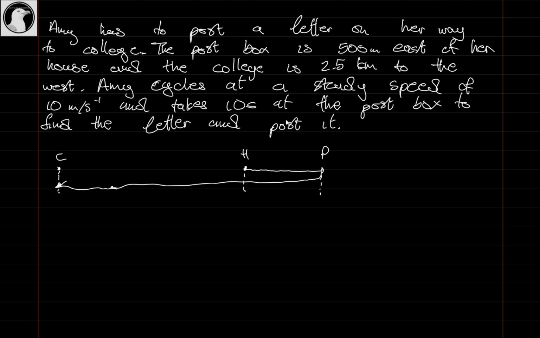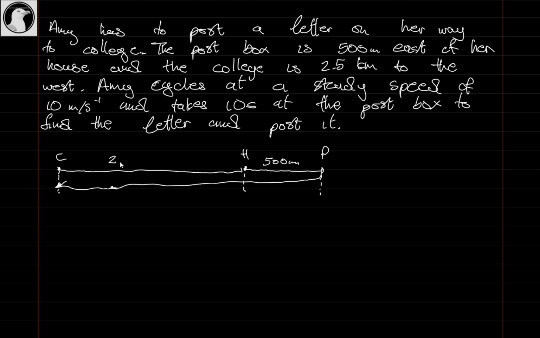So from the house to the post is 500 meters. And from the house to the college, which is west, let me also draw a line here to match this up, is 2.5 kilometers.